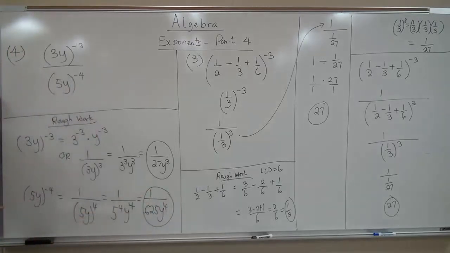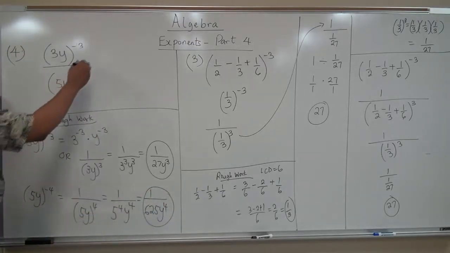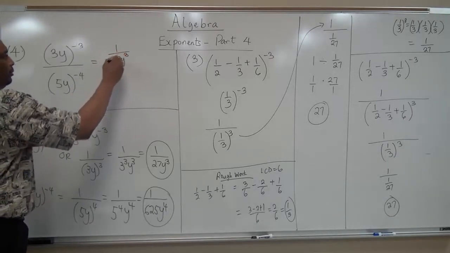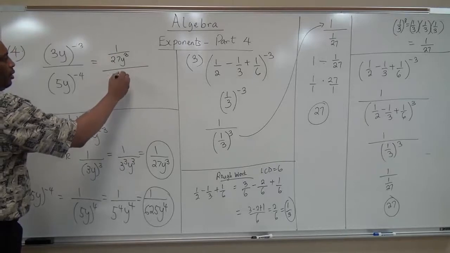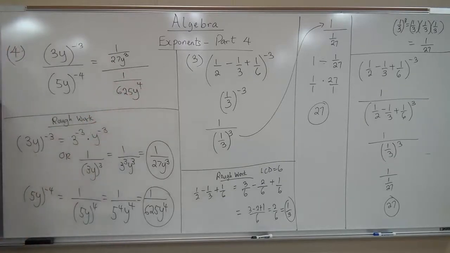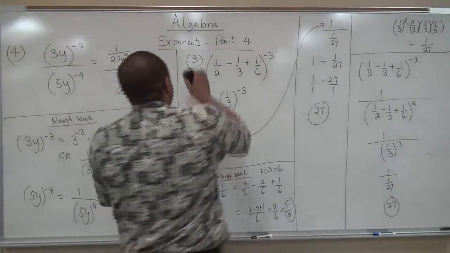So that is the denominator. What we have here is 1 over 27y cubed, all divided by 1 over 625y exponent 4. Now, let's complete that.